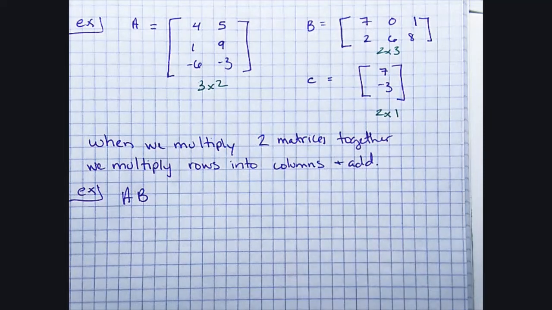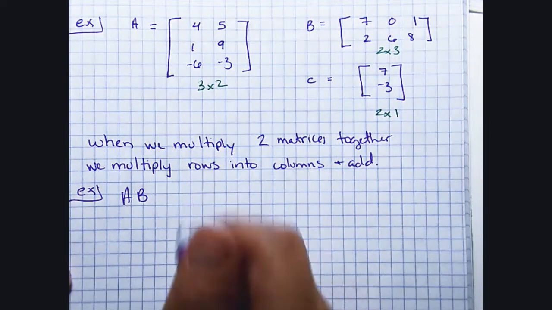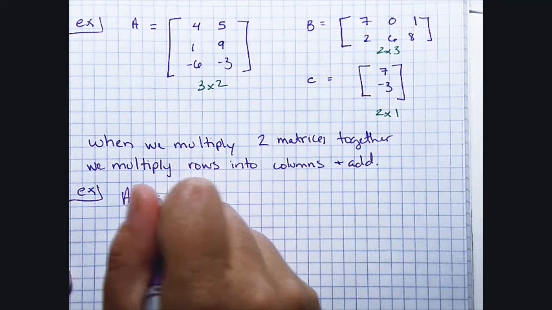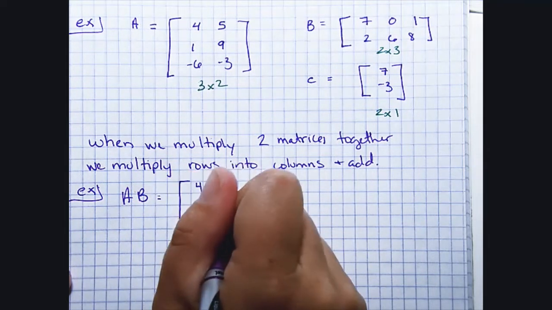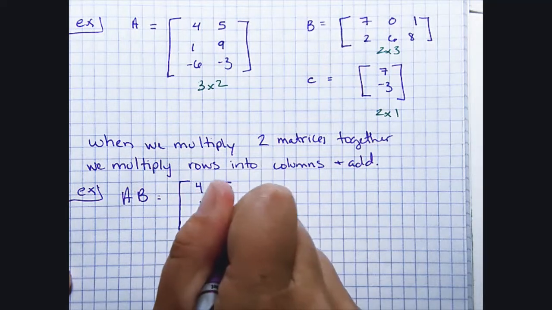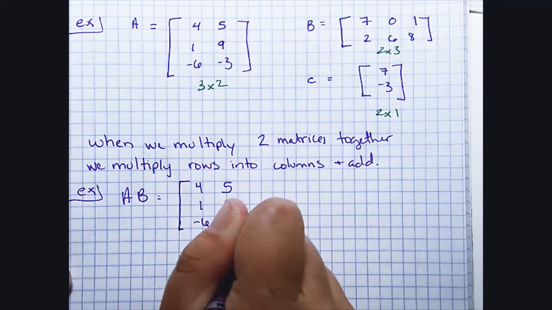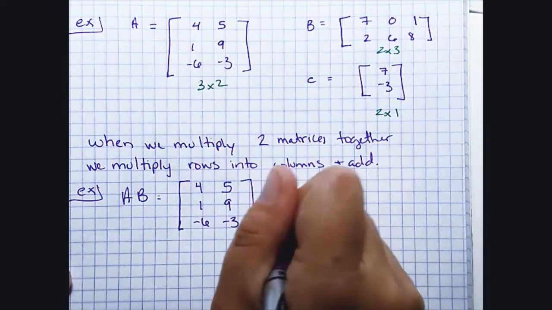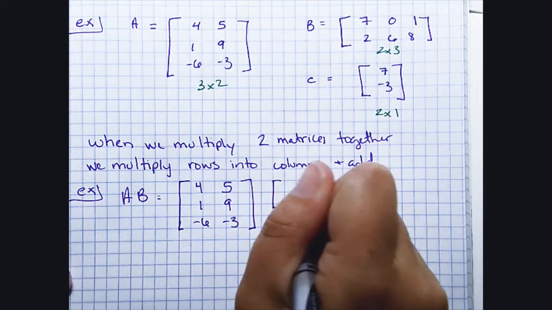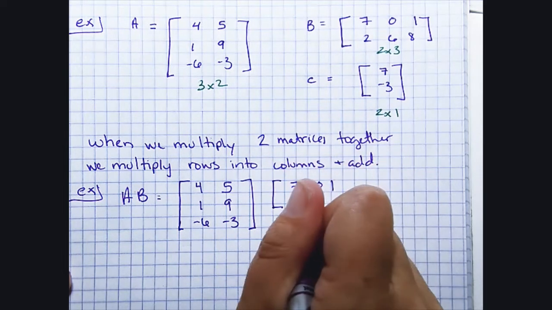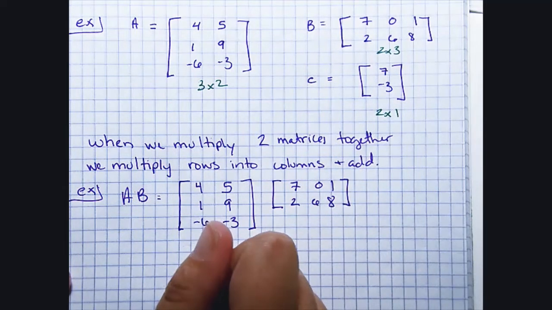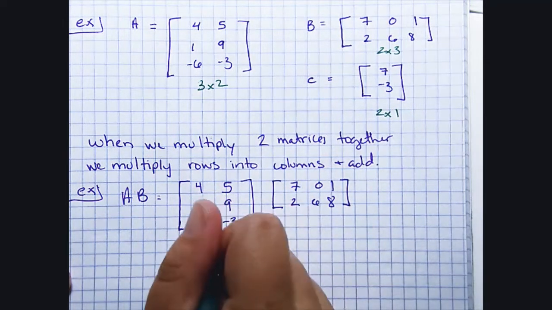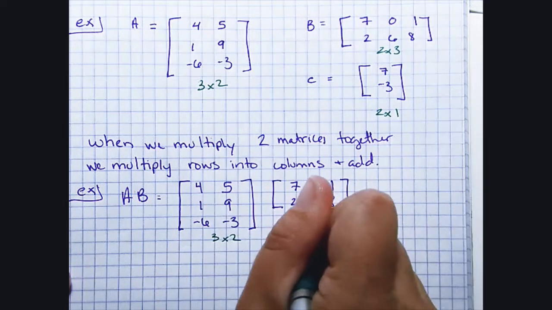So, for example, I will do matrix AB. So I'm going to multiply matrix A times matrix B. And so AB, your first step will be to write them next to each other. 4, 5, 1, 9, -6, -3. And then B, 7, 0, 1, 2, 6, 8. And we already had the dimensions. It was a 3 by 2 and a 2 by 3.